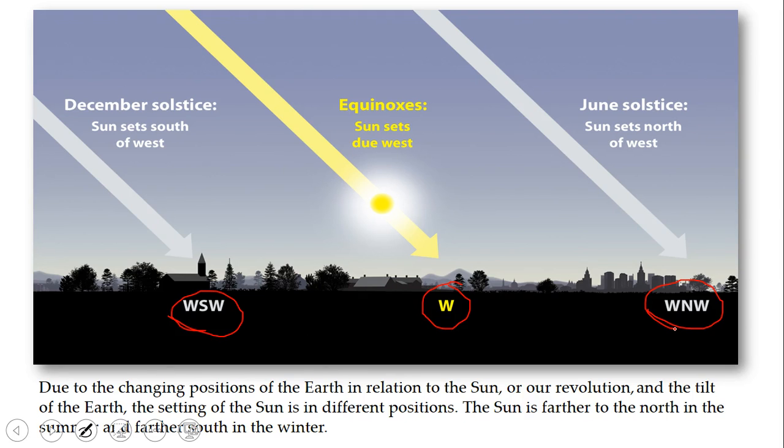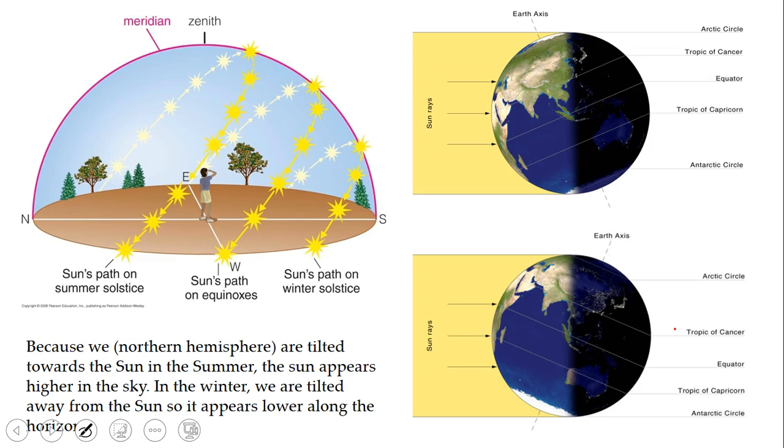Okay, so to help us explain it, the first thing you have to understand and remember is that tilt. That tilt is constantly changing. Okay, or excuse me, it's not constantly changing. It's constantly pointing in one direction. Now in these diagrams, that's a little confusing, but here's what you have to look at.